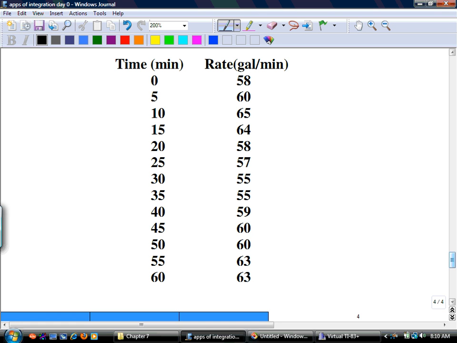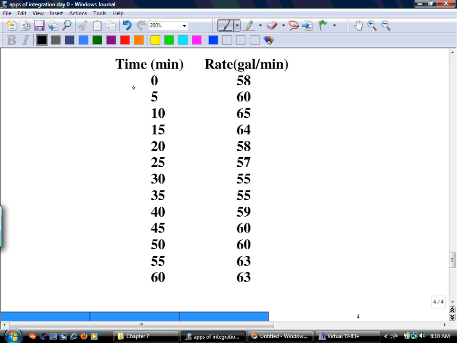I don't know how many are here. 6, 7, 8, 9, 10, 13. Let's just do this. Let's do groups.